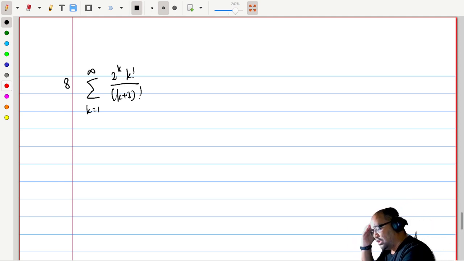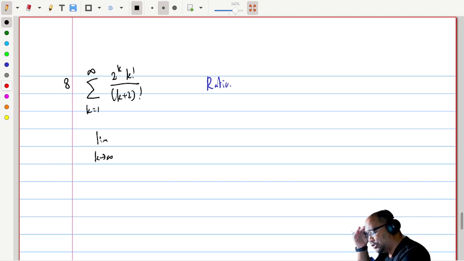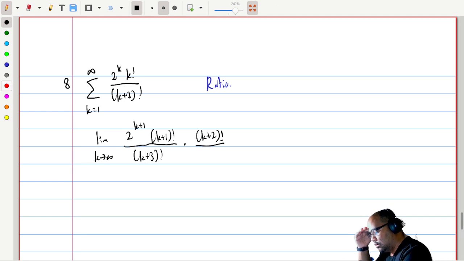I think the best way to go about this is just use a ratio test because I see factorials. So let's just go ahead and do that. And everything's positive, so I don't necessarily need the absolute value. So 2 to the k plus 1 times k plus 1 factorial divided by k plus 3 factorial. Multiply that by the reciprocal. And then 2 to the k times k factorial.